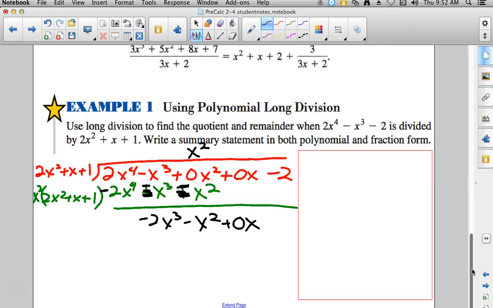There it is. So we've got that. Now I'm going to change colors here. I'll stick with black for a second. So what should we multiply by next? Negative x. Have to match that first term.